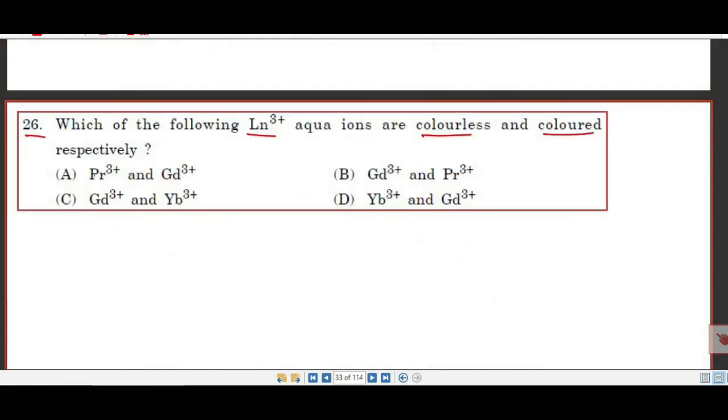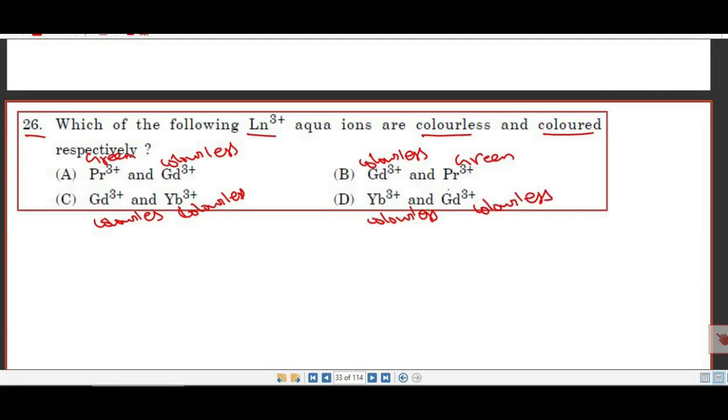Here one ion is green in color and the others are colorless. They are asking colorless and colored, so option B is correct: gadolinium is colorless, whereas promethium is colored.